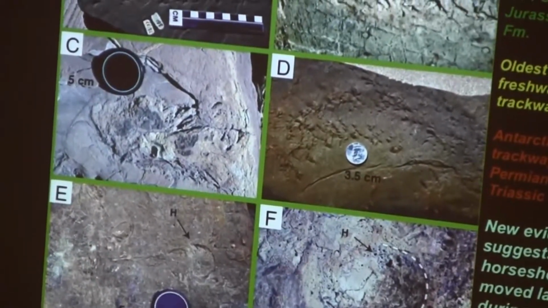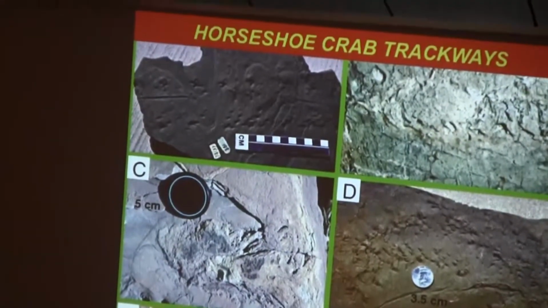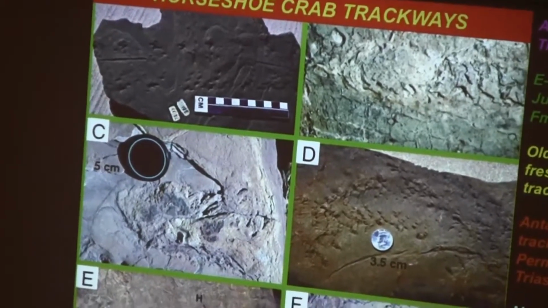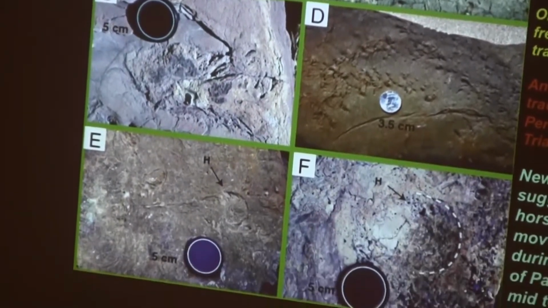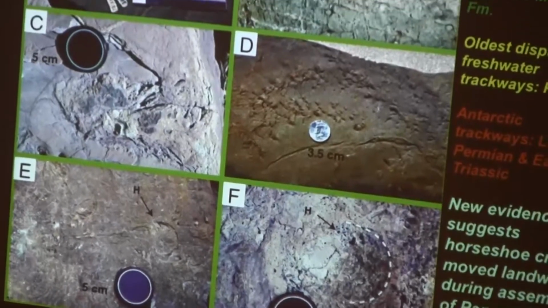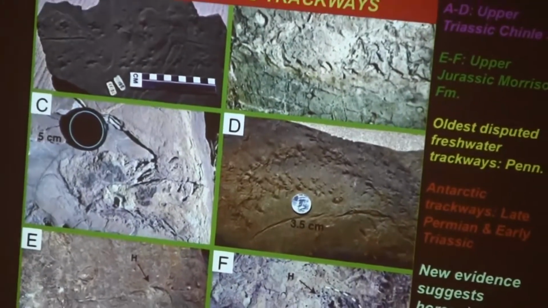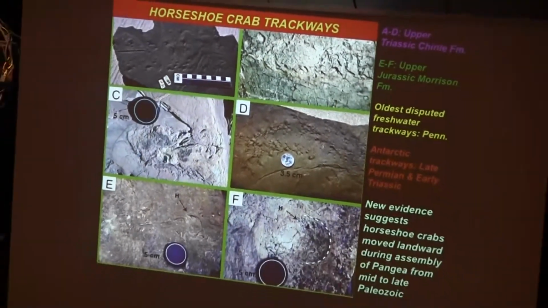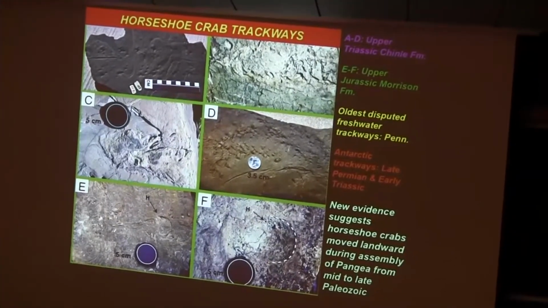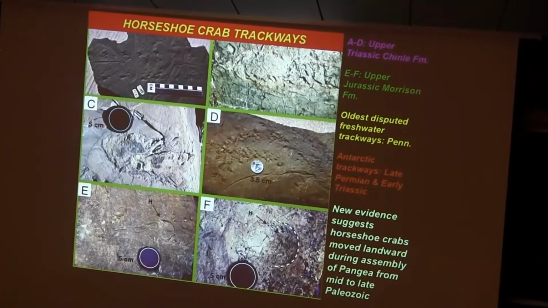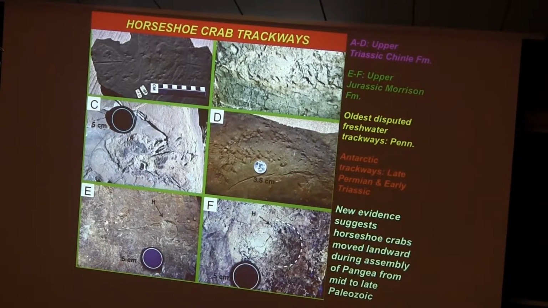So this evidence, finding them in Antarctica, tells us that perhaps maybe during the assembly of Pangea, from the start of the Pennsylvanian into basically the Permian, forced these things or helped encourage them to move landward or go extinct, or as they're being trapped, they evolved to be able to move into fresh water. So you take all those shorelines of all those continents and squeeze them together. You adapt or you go extinct.